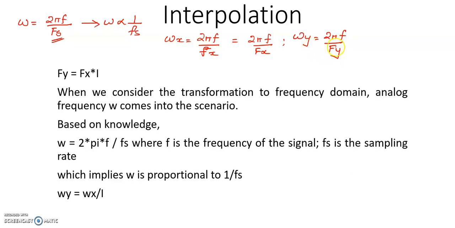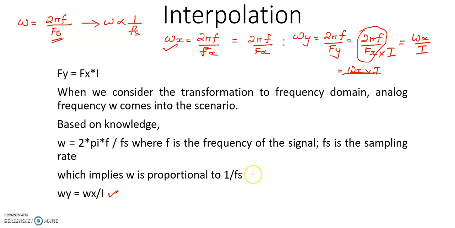Now we know the relation between fx and fy, so we substitute it here: fy is substituted with fx into I. This whole term can be combined to form omega x, so omega y will be omega x by I, which is what is given over here.